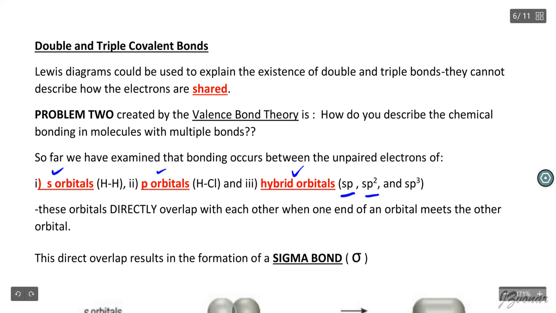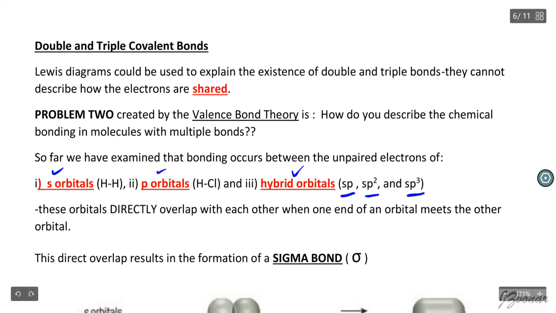We also looked at the sp2 hybrid, such as the case of a boron atom. Once again, an electron is promoted from an s orbital to an empty p, and so it results in having one electron in an s and two p orbitals. This particular sp2 hybrid orbital has a trigonal planar shape.